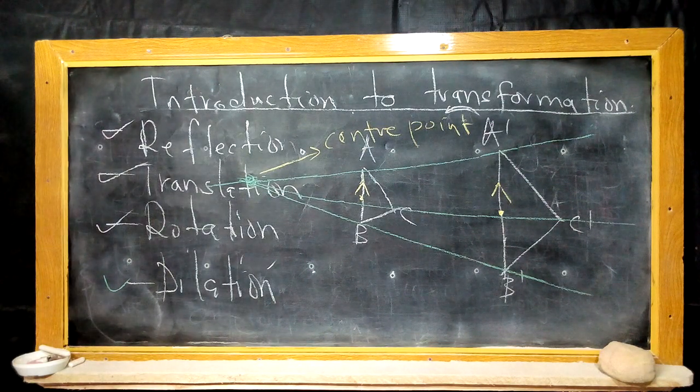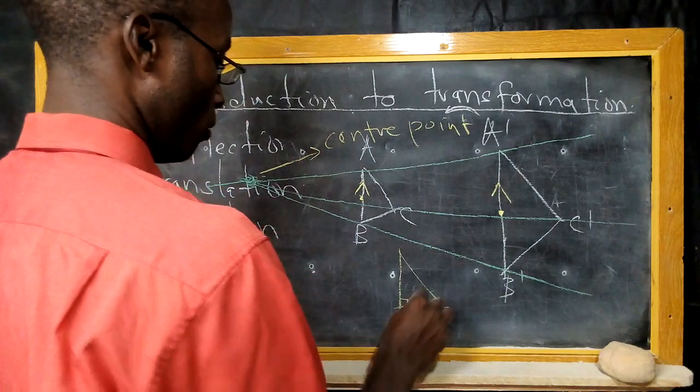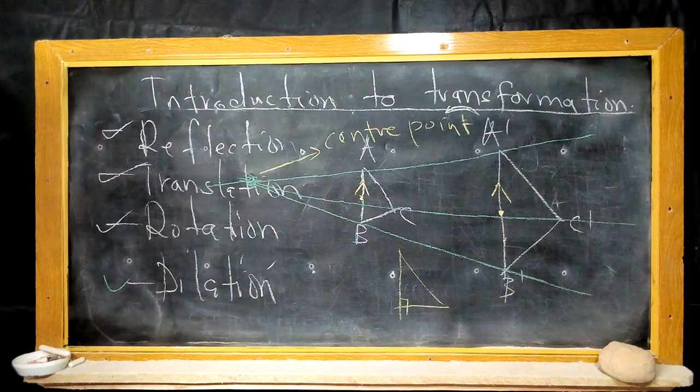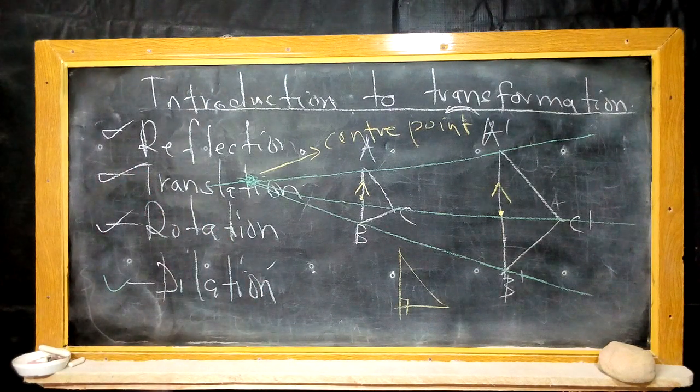And if it was a right triangle that we are transforming through dilation, the angles will be maintained. They will be the same even if the object has shrunk or been stretched.